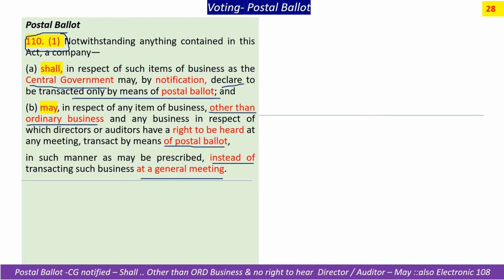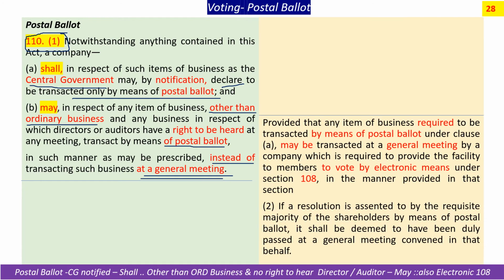Instead of holding a meeting and discussing it at a general meeting, they can just go about in the postal ballot, and that will solve a lot of procedures. At the same time, it will ensure every shareholder has got a say in the decision of the meeting.